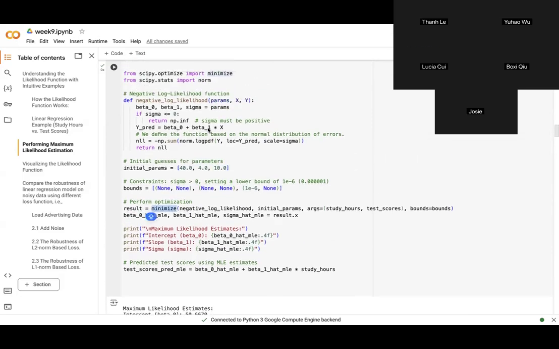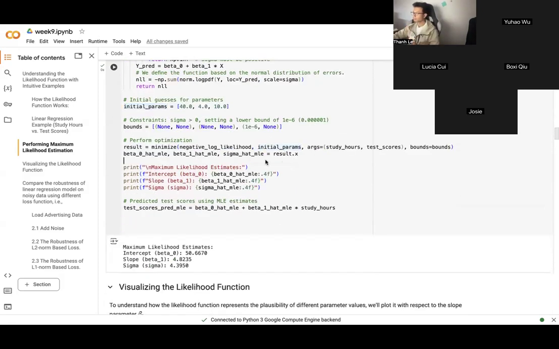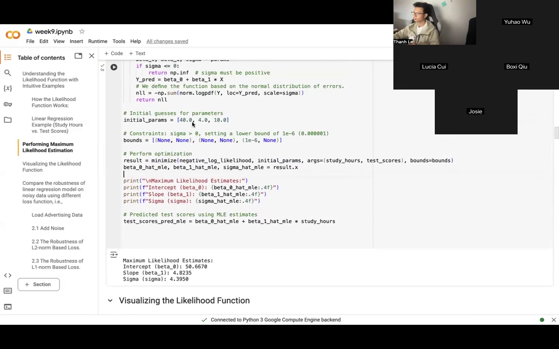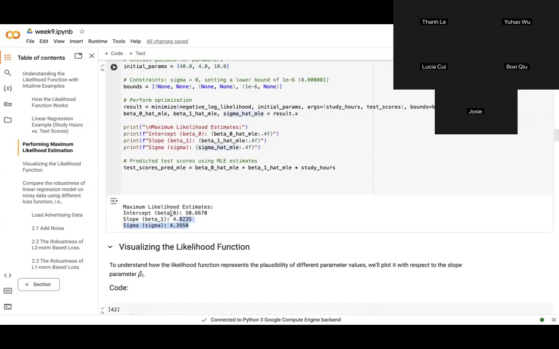And we will minimize this negative log likelihood with the given initial parameters. We want to minimize this loss and return the estimation values. Okay, so this may be our estimation value.